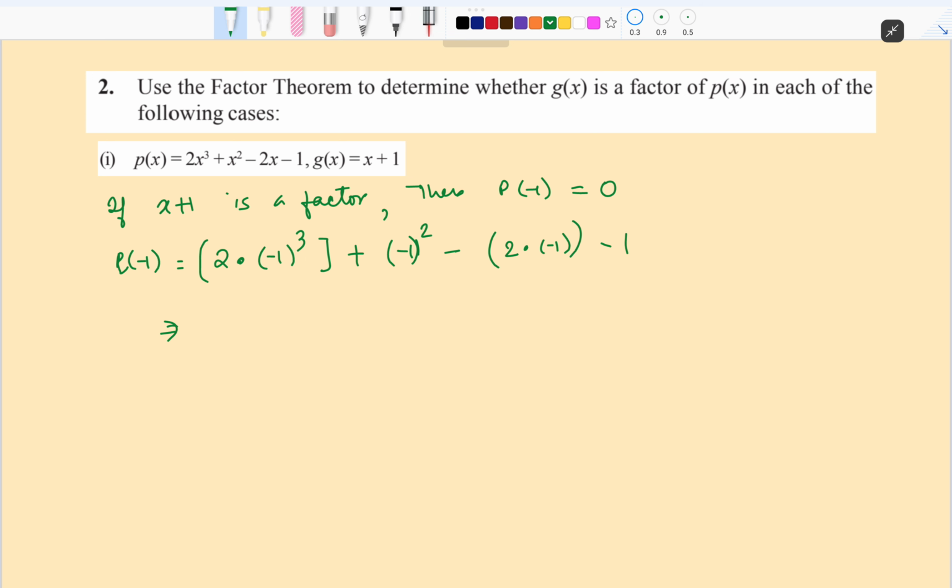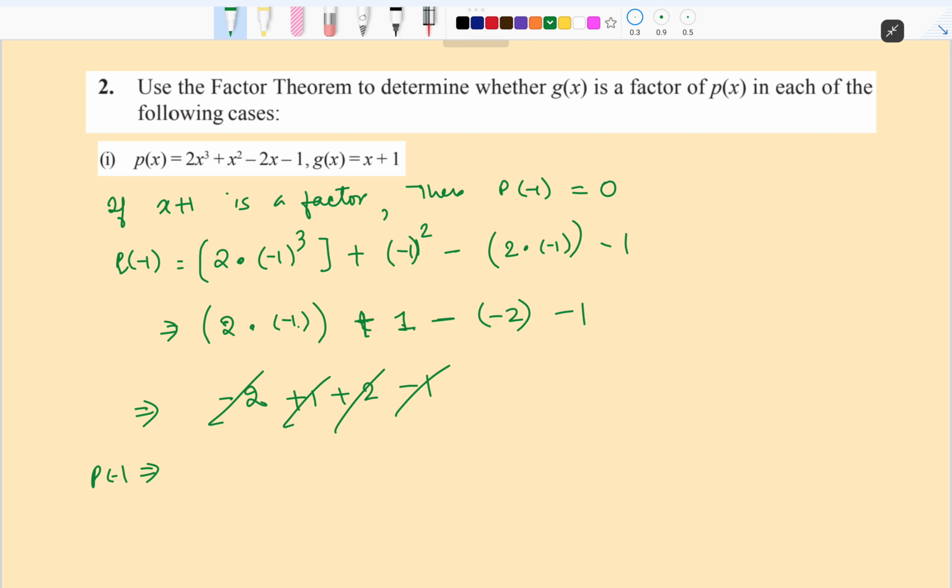So this gives me 2 multiplied by minus 1. Minus 1 cube is minus 1, plus 1 square is 1, minus 2 into minus 1 is minus 2 minus 1. 2 into minus 1 is minus 2, plus 1, plus minus into minus 2 is plus 2, minus 1, right? So minus 2 plus 2 cancels out, plus 1 minus 1 cancels out.